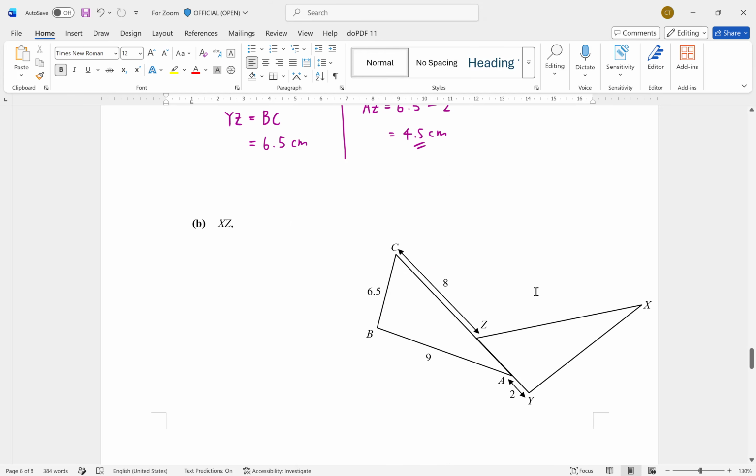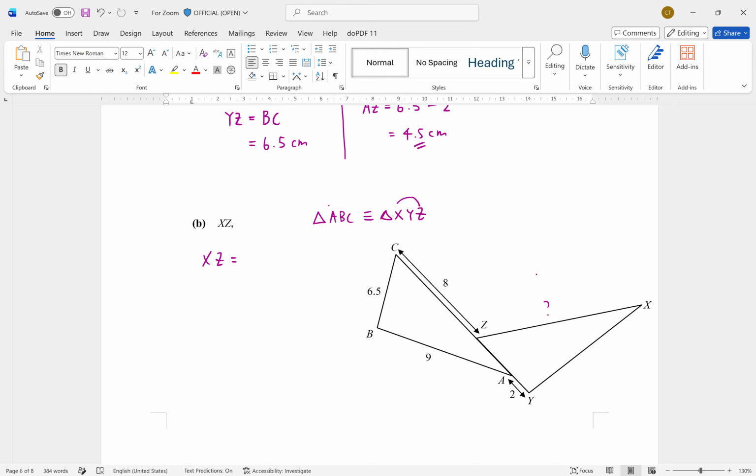For part B, they want us to find XZ. So they want us to find this side. Same thing, let me write out the congruency statement again. Triangle ABC is congruent to triangle XYZ. Now we want to find XZ. XZ corresponds to which side?